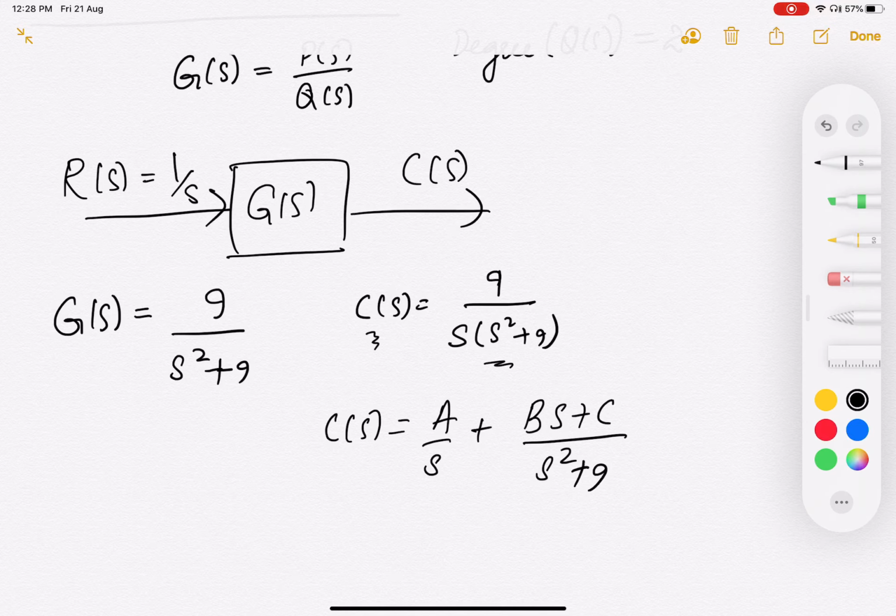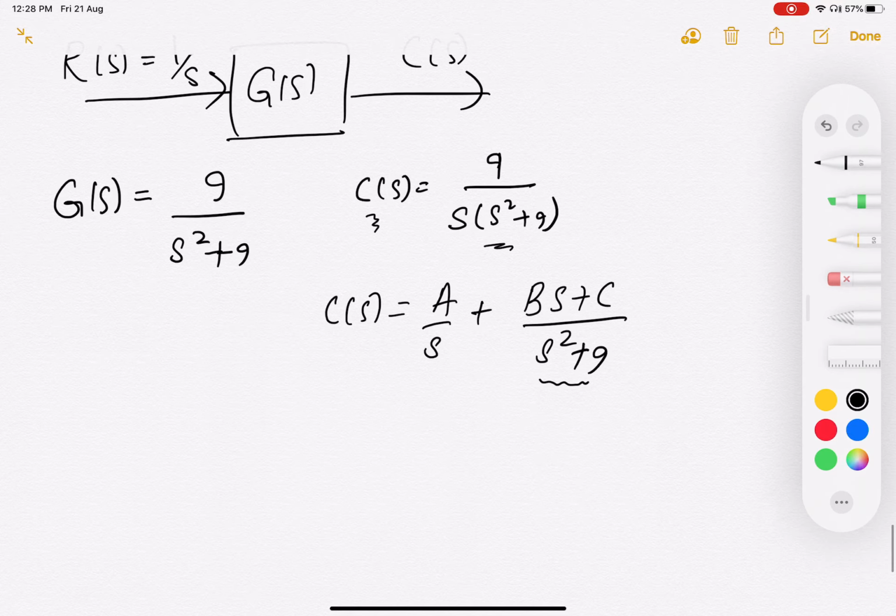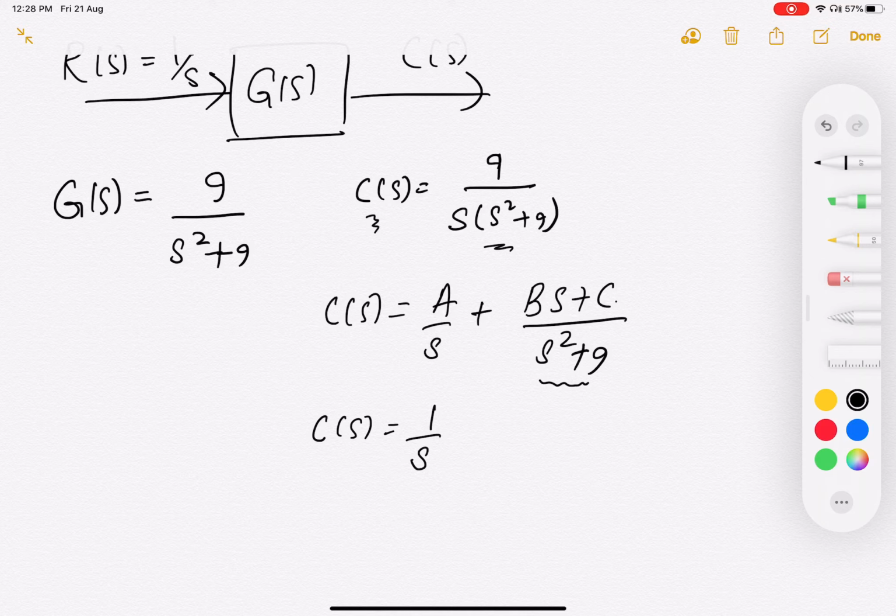We write it like this because this is an order 2 polynomial, so you have to write Bs plus C, an order 1 polynomial in the numerator. And when you solve for A, B, and C, you will get C(s) is equal to 1 by s minus s upon s square plus 9. It is also evident because s square plus 9 and this s square are subtracted, and you get s square plus 9 minus s square, and you get 9 in the numerator.